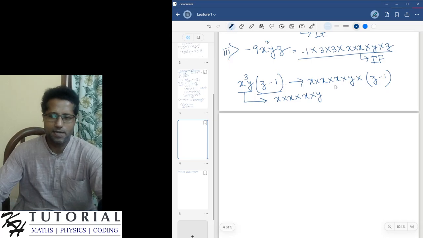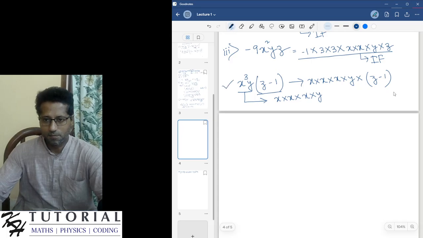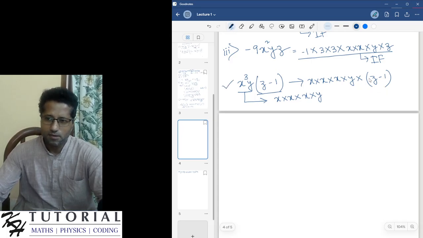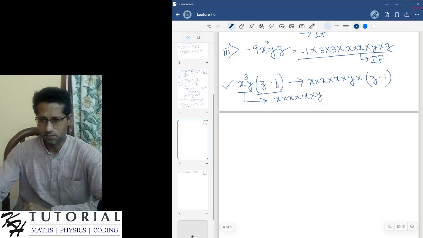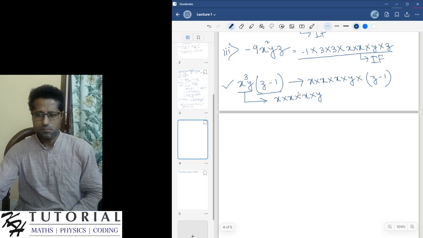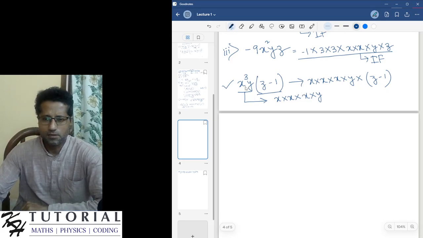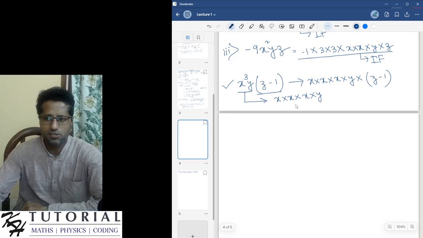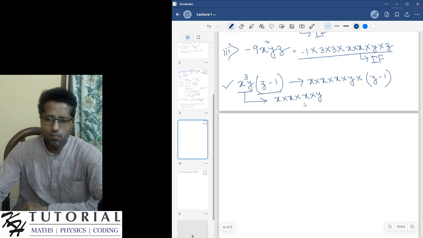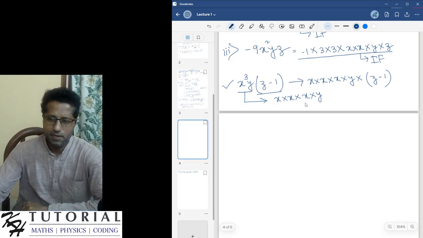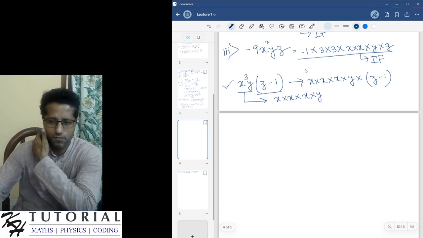Now I can say that y is an irreducible factor of this algebraic expression. I can also say z minus 1 is an irreducible factor. Also, x is an irreducible factor. But you cannot say that x square or xy or x cube or x cube y or even y into z minus 1 is an irreducible factor of this expression.